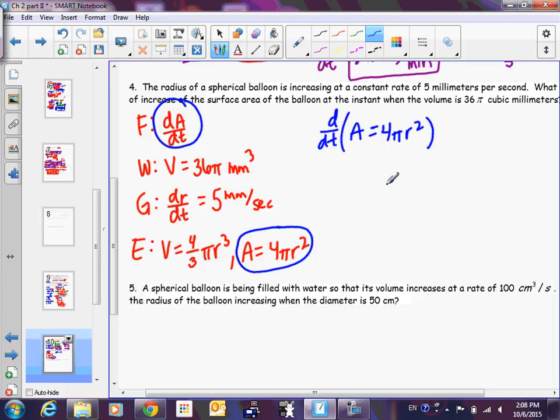And again, some of you might have used s here, totally fine. Okay, dA over dt. I could have put the 1 times in front. Don't need it, but could have put it there. What's the derivative of 4 pi r squared? 8 pi r times, we took the derivative of an r, so dr over dt.